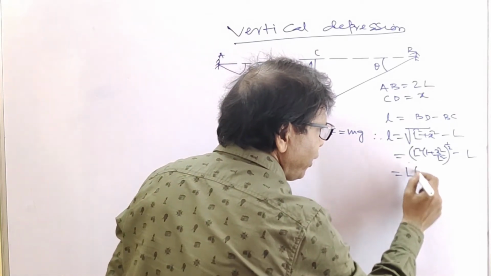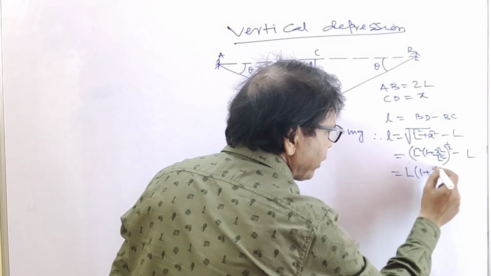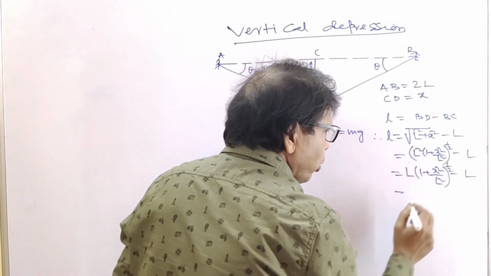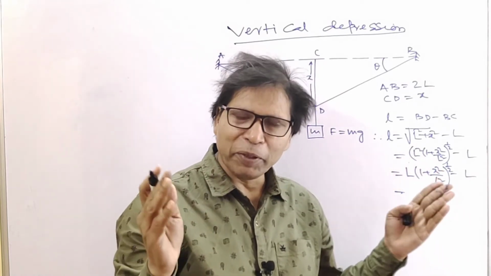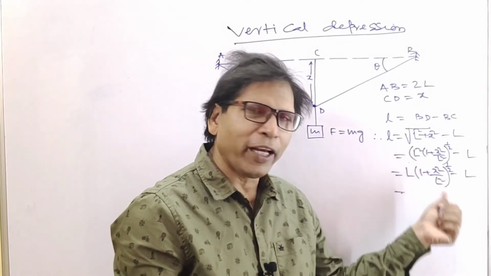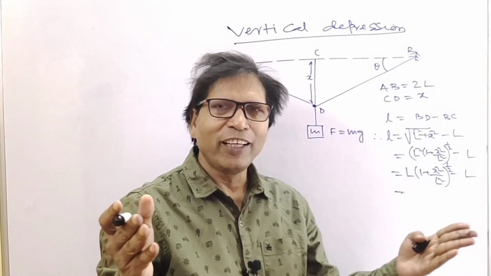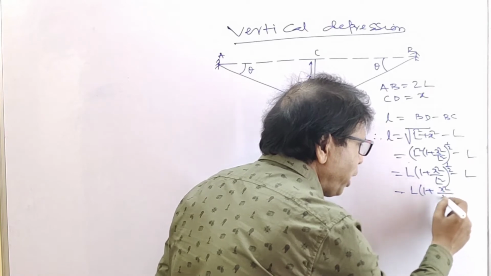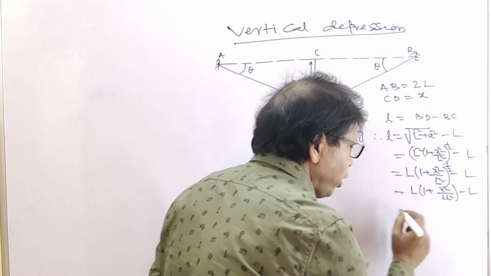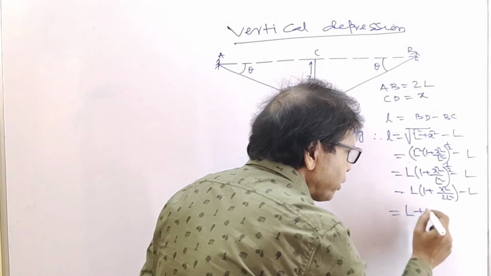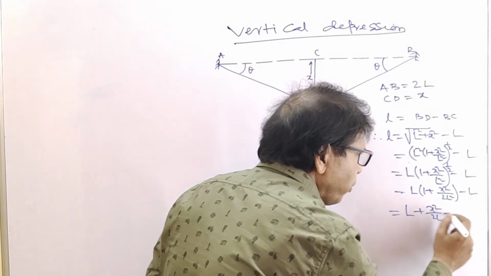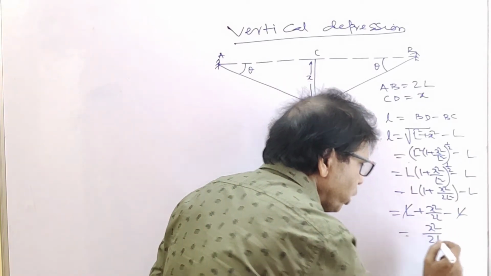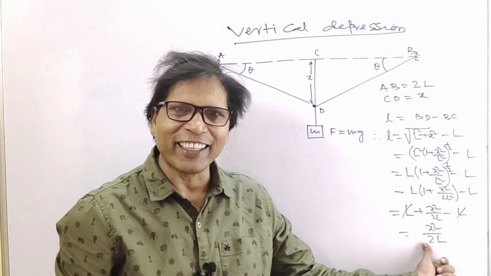This is L into 1 plus x square by L square to the power half, minus L. As x by L is very small, x square by L square is also small. Therefore this is L into 1 plus x square divided by 2L square, minus L. So this is L plus x square by 2L minus L. The L cancels out, so this is x square divided by 2L. This is the elongation.